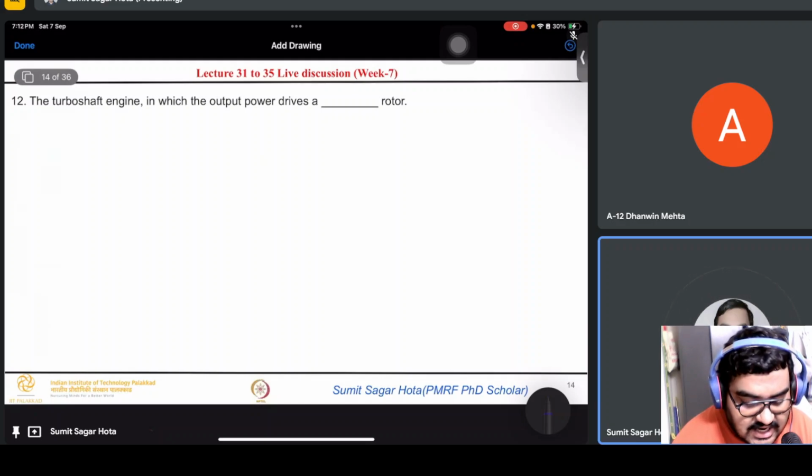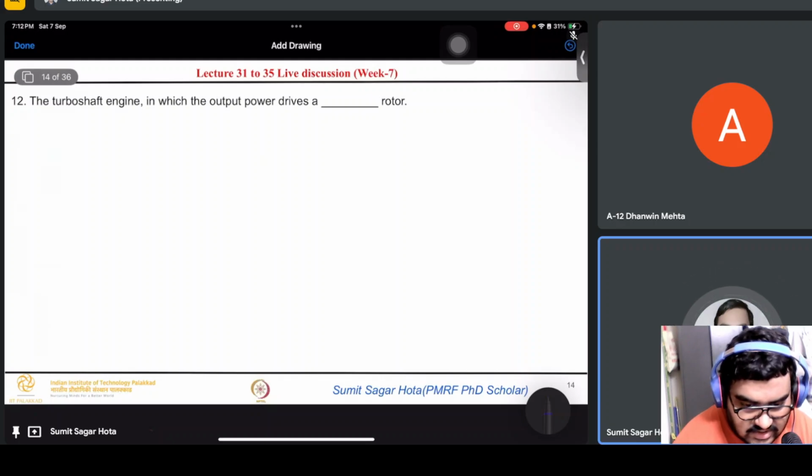The turbine is there, and on that one shaft we provide the fan blade, which creates a downward thrust, and the back tail fan helps in balancing that thrust.